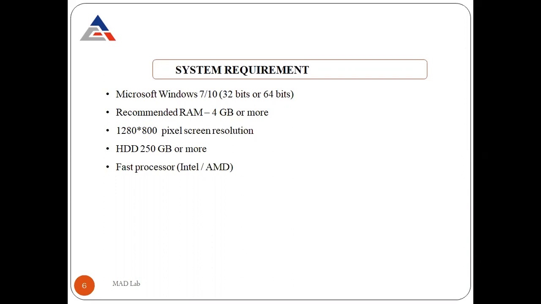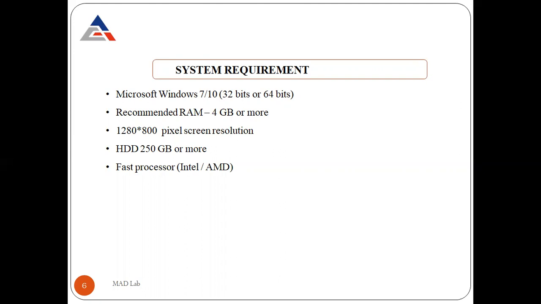It is always recommended that the minimum RAM required by a system is 4GB. 2 GB will be occupied by Android Studio itself, and nearly 1 GB will be occupied by the emulator and the software development tools. So a huge amount of RAM is required whenever we want to run Android Studio.